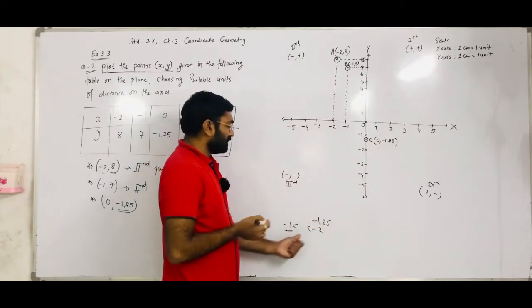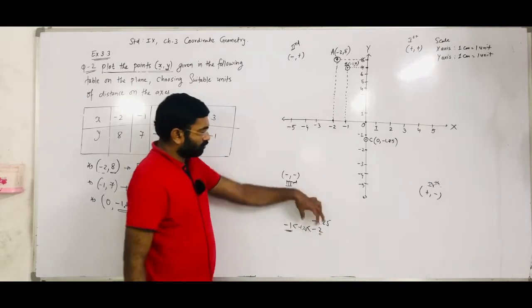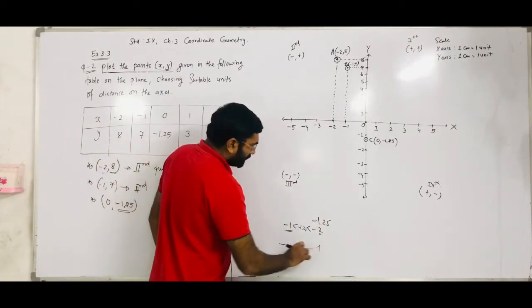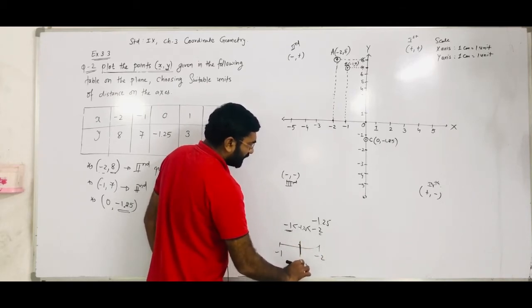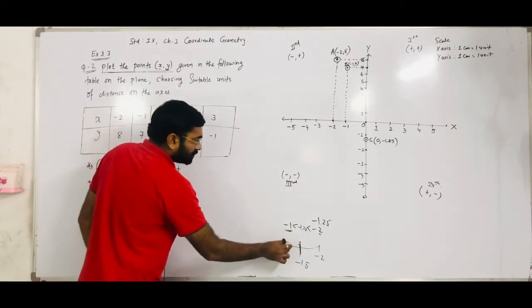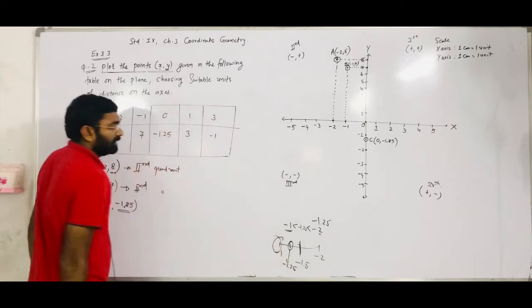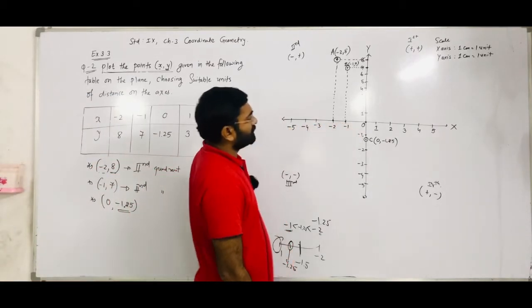But it is nearby minus 1, right? Because the exact mid value between minus 1 and minus 2 is minus 1.5. But here as per the question minus 1.25 is given, so it comes nearby minus 1. That's why we represent that point nearby minus 1.